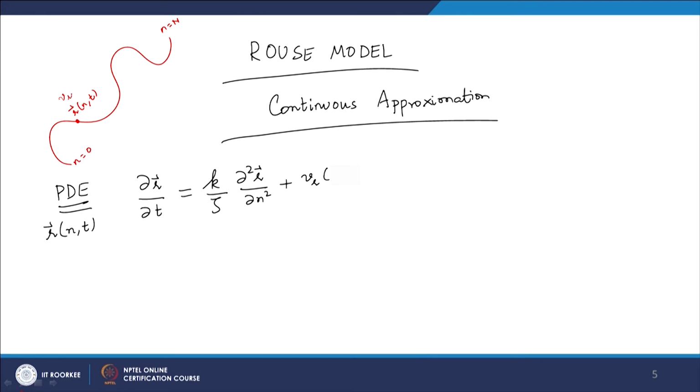So, they also have to be a function along the contour, changing with n and t, and therefore, although not clearly stated earlier, this has to be Vr as a function of n and t. Okay.